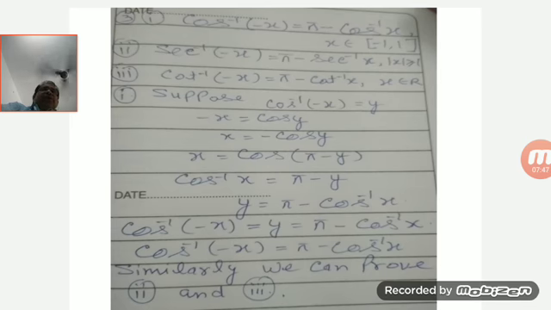Means in the second formula the principal value branch, or range, of those three, sine inverse, tan inverse and cosec inverse, was -pi/2 to pi/2. Here these three belong to 0 to pi. We will not look at whether they belong to a closed or open interval. Generally our aim is to see whether they belong to 0 to pi or -pi/2 to pi/2.